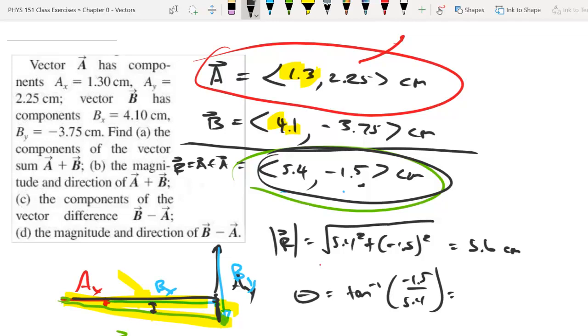Your calculator, for the inverse tangent, is going to spit out angles between negative 90 and 90, right? That's your range for the inverse tangent. And so this is negative 15.5 degrees. Or if I wanted it in standard position, that would be 360 plus negative 15.5, so that's 344.5 degrees.